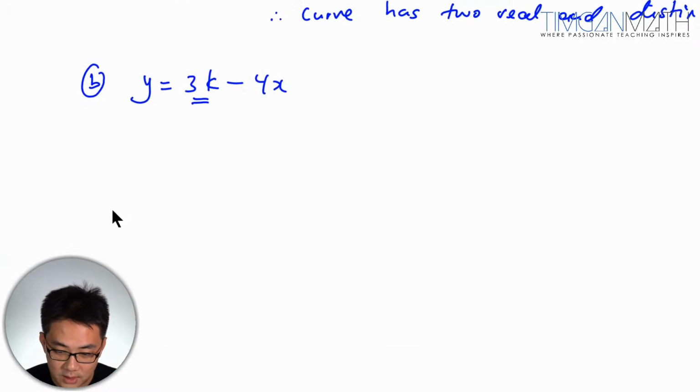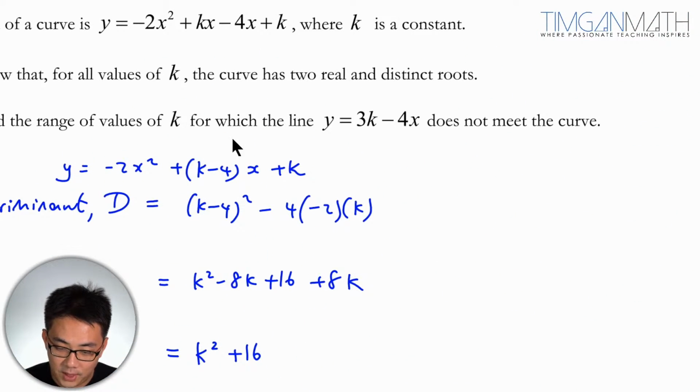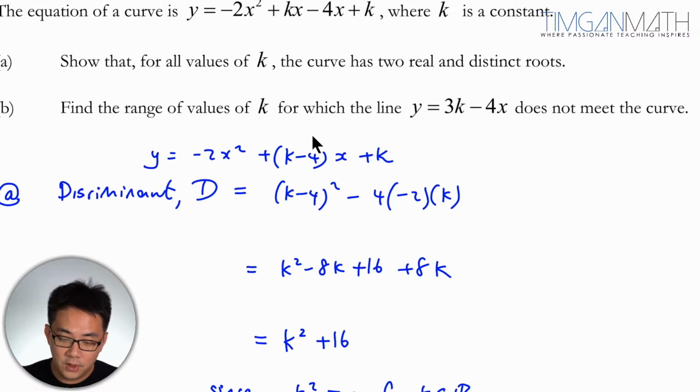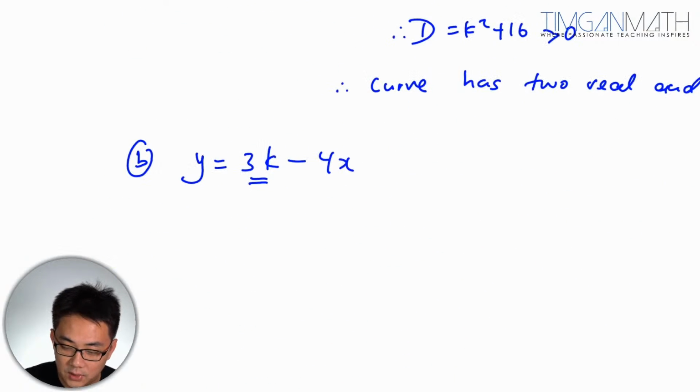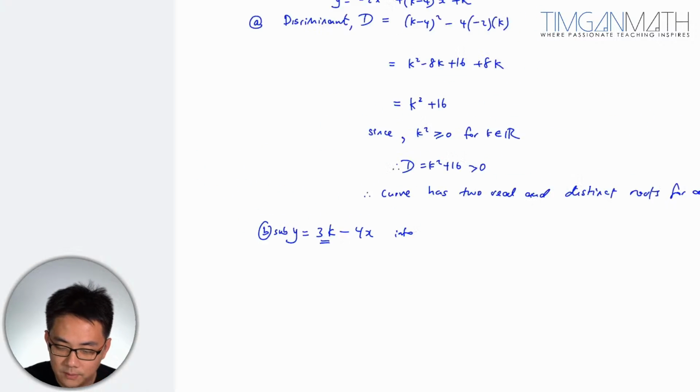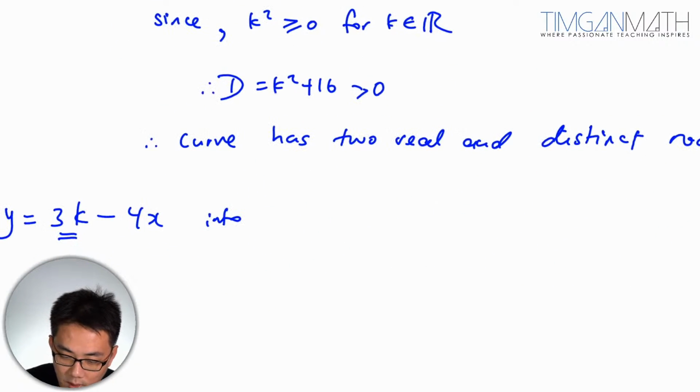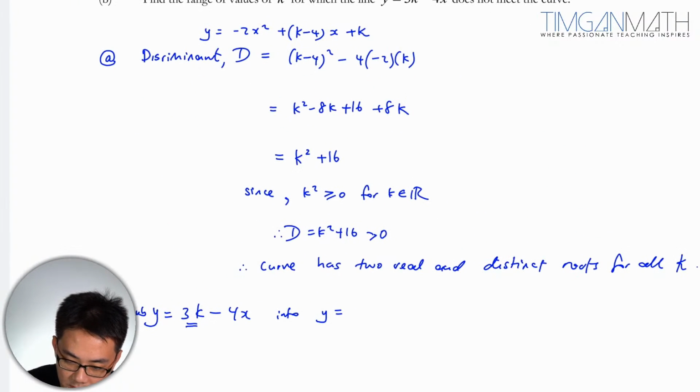So the question now is, what should the value of k be such that the line does not meet the curve? In other words, we do not want y1 and y2 to intersect. So just sub y1 into the equation, maybe just start with the easier one here.